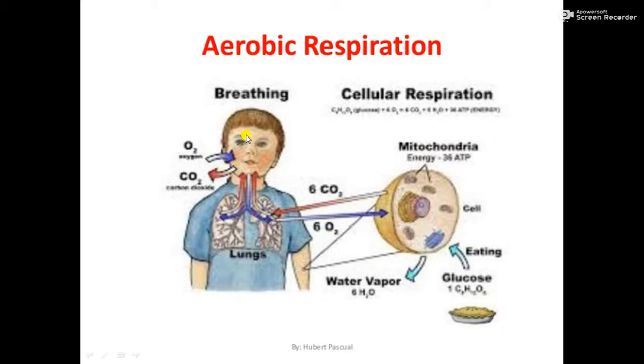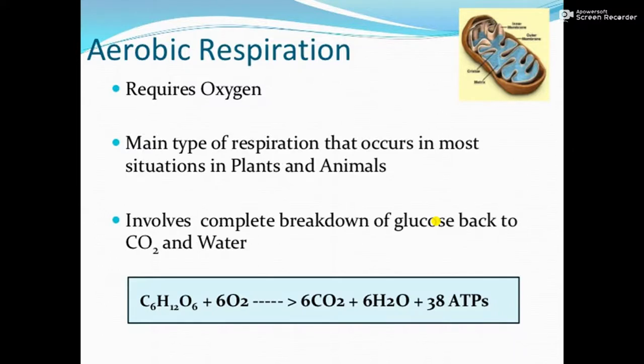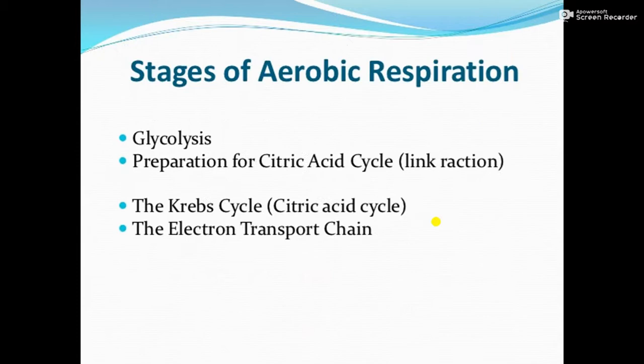Mainly, the gaseous exchange, intake of oxygen and exhale of carbon dioxide, is the main theme of breathing, and cellular respiration means the main respiration point when the food substances break into ATP and form kinetic energy from potential energy. So aerobic respiration requires oxygen, the main type of respiration that occurs in most plants and animals, and involves complete breakdown of glucose back to carbon dioxide and water.